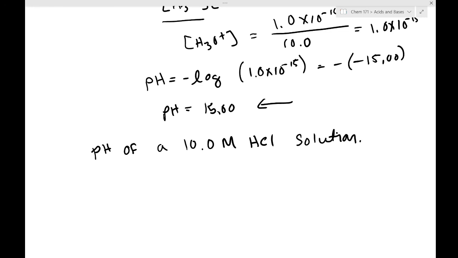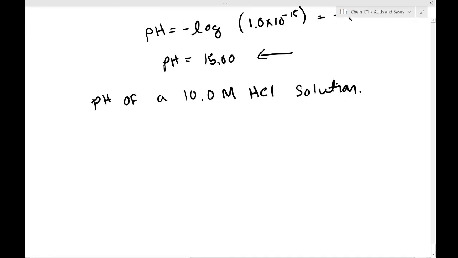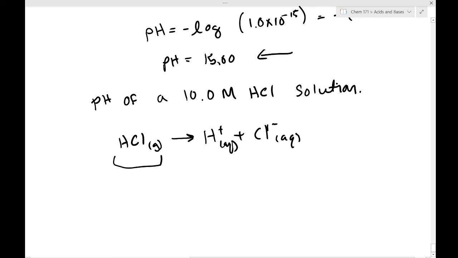Now listen. This is how we're going to solve this, right? If we have HCl, let's just say that that's a gas, and it's going to be completely disassociated into H plus and Cl minus and dissolve in solution, right? So if we have 10.0 molar HCl, that means since this is a strong acid, it's going to completely disassociate, and we're going to get 10.0 molar H plus concentration.